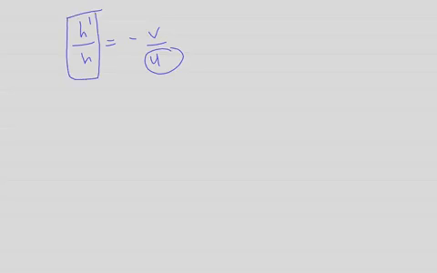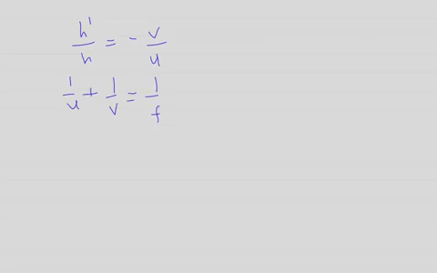So we know that A prime over A is equal to minus V over U. But we don't know U. We just know that they are equal to each other. Then we know that 1 over U plus 1 over V is equal to 1 over F. We know F, we know V rather.